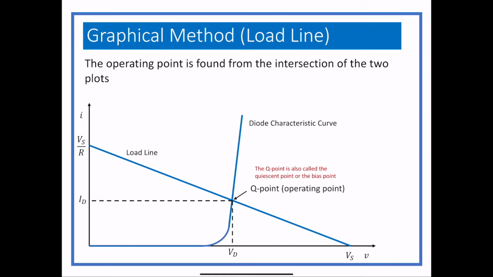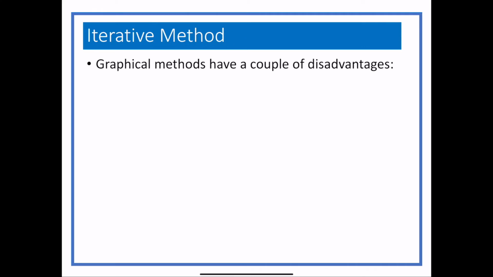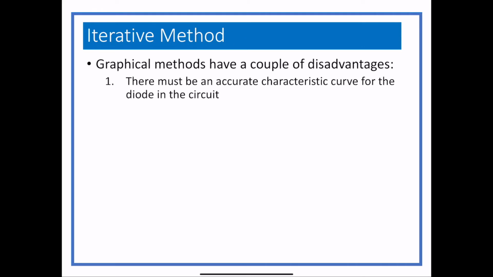The difficulty with this is that the graphical method has a couple of disadvantages. First of all, you really do need an accurate characteristic curve for the diode in the circuit, and that sometimes can be hard to obtain. You also are limited in your accuracy as to how well the graph can be read, so how good the resolution of the graph is.